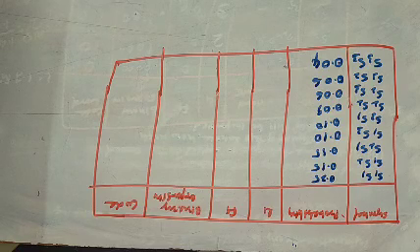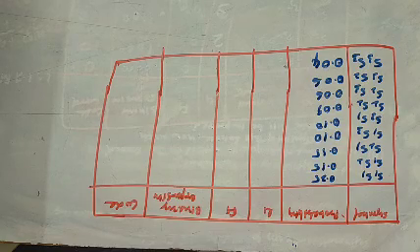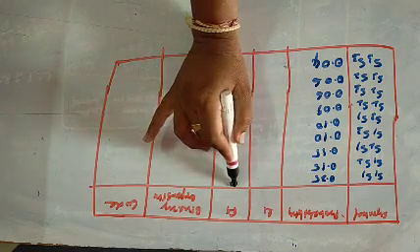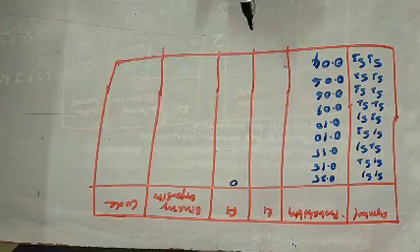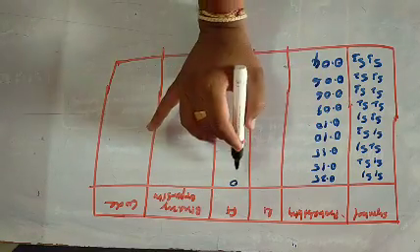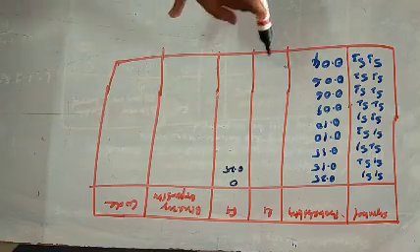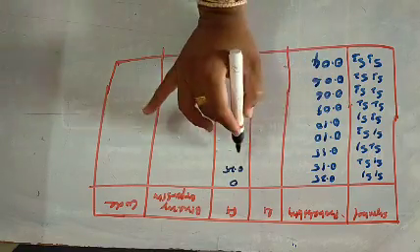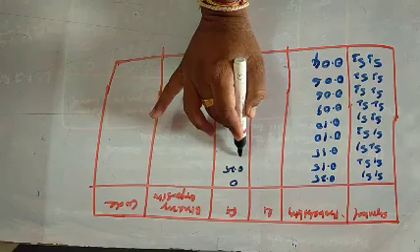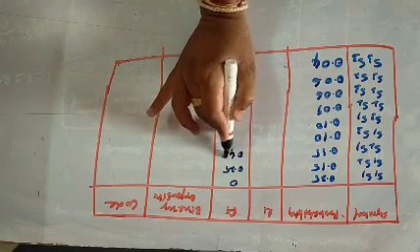Next, to find Fi, that is the cumulative probability. For Fi, the beginning value F1 should be 0. F2 is F1 plus P1, so that is 0.25. F3 is F2 plus P2, that is 0.25 plus 0.15, which is 0.40.